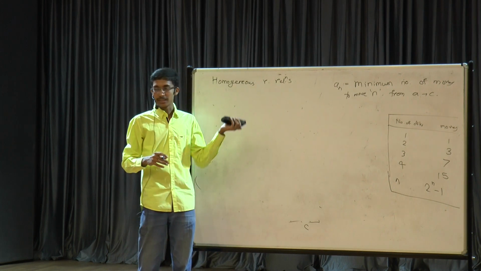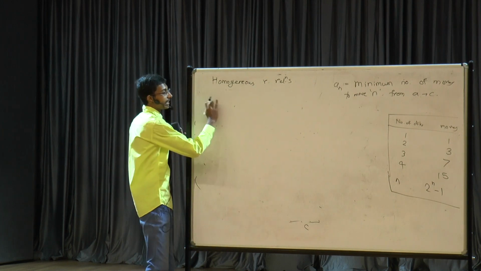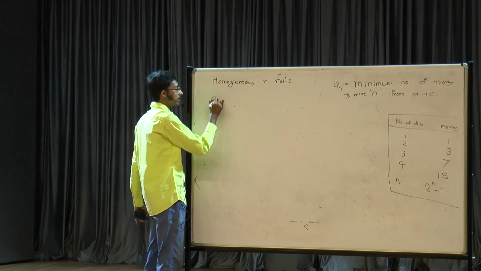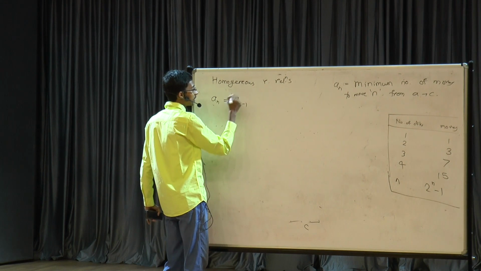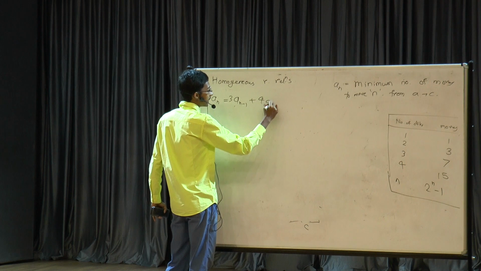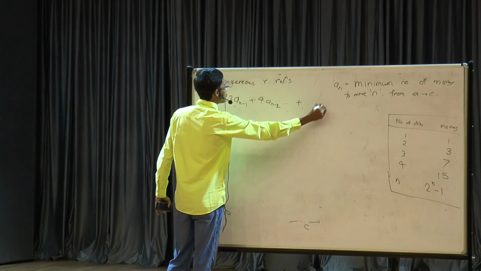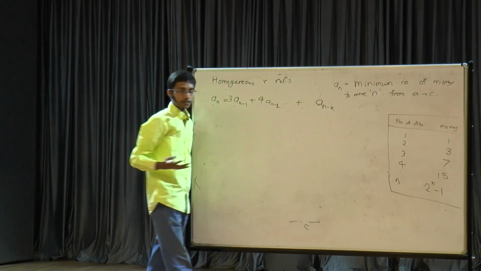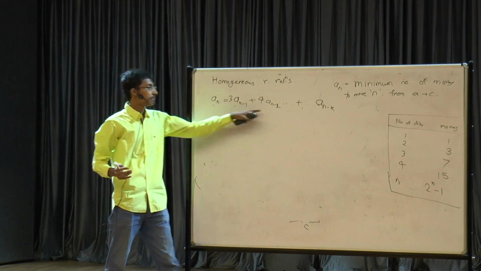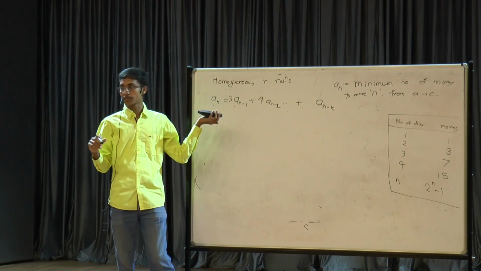So homogeneous recurrence relations are where everything is of one form. It's like if I have an, it's going to depend on things like an minus 2, an minus 1. These can be any number, but they all have to be from this sequence. You see that all of them are of one form, right? A number from your sequence.